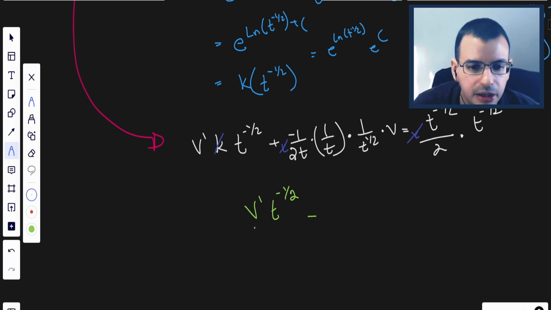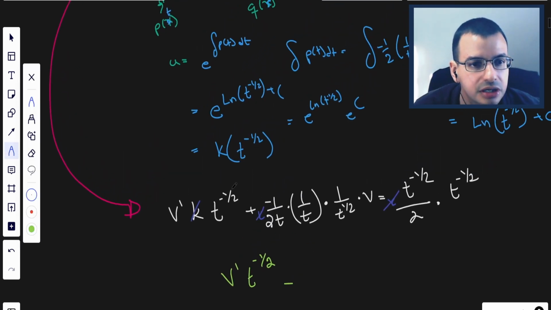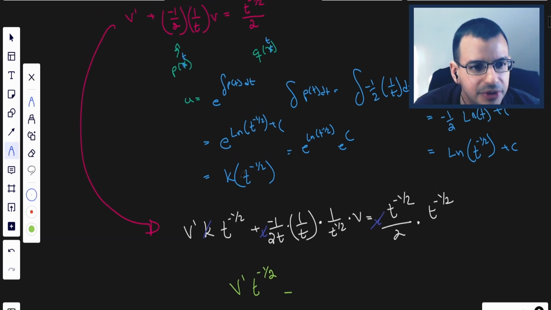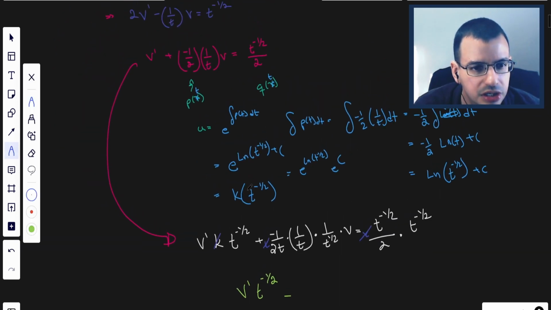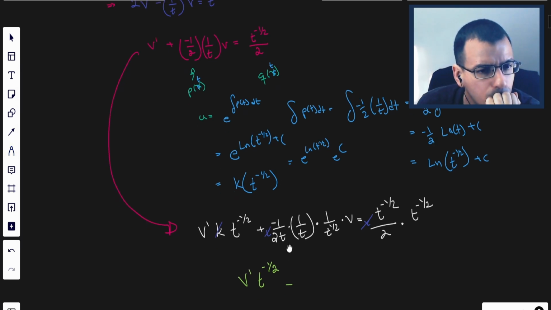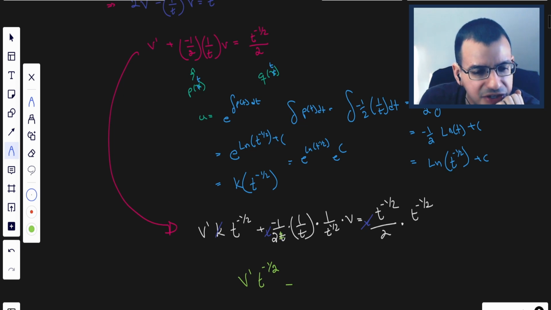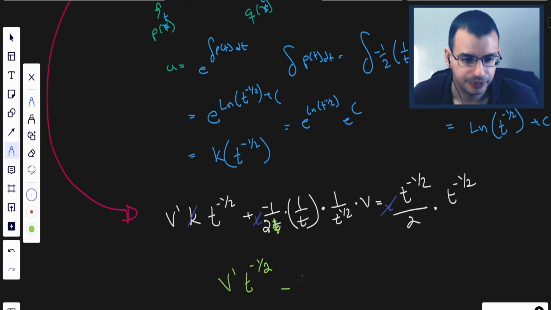So this is a lot. So let's see, it feels like I have something in there I shouldn't. Yes, I totally do. Whoop. I have an extra t in there. So negative 1/2 and then the 1 over t. There we go.